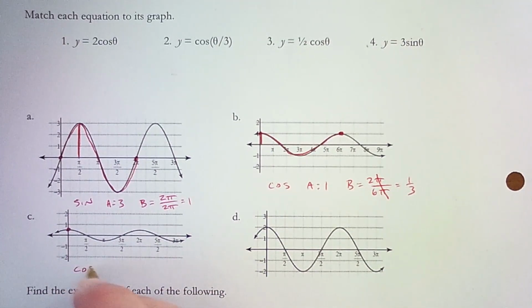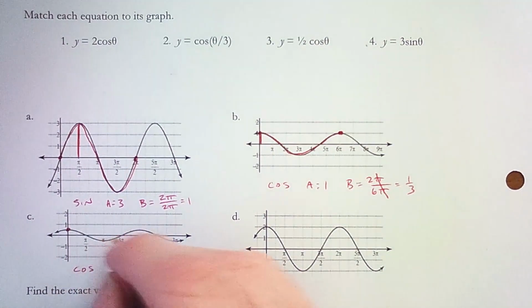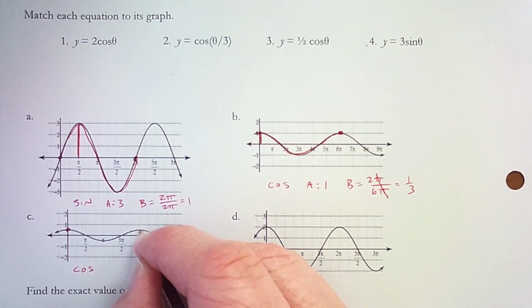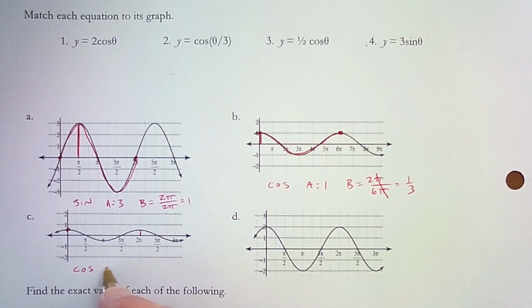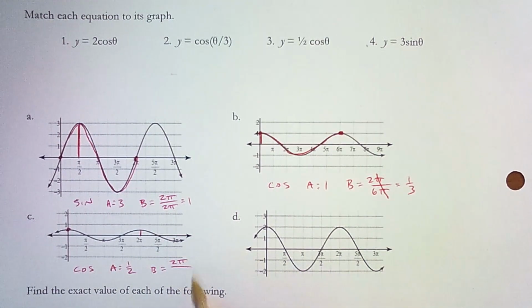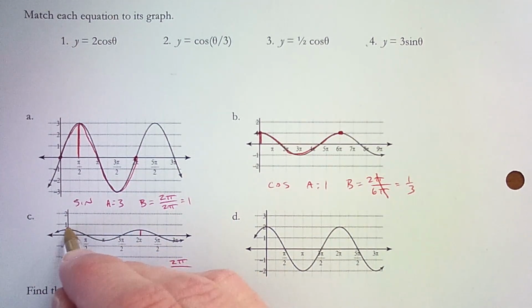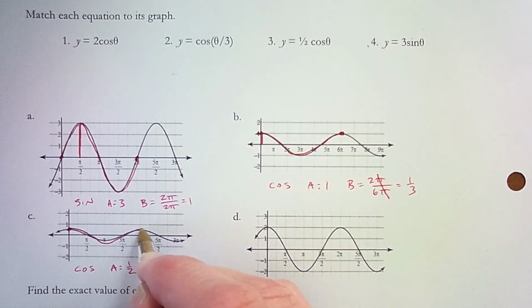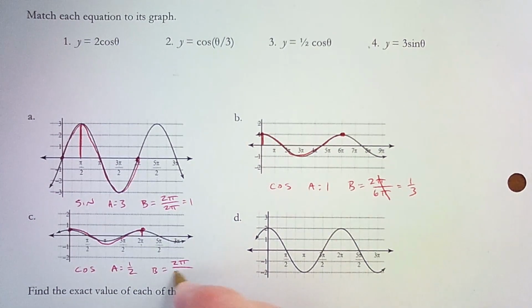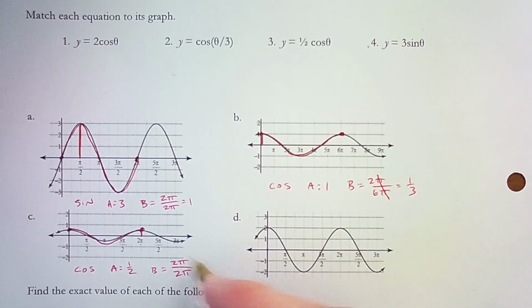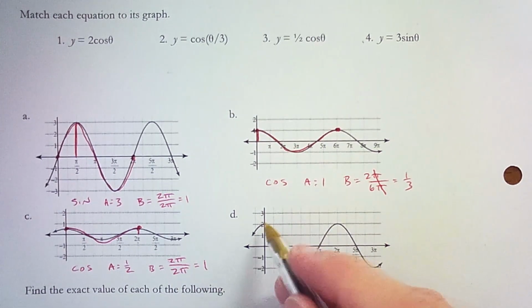This one starts at its maximum, so it's cosine. Its amplitude, it looks like it only gets a half a unit above the center line, so the amplitude is 1/2. And b is 2 pi over the period, so I'll trace one cycle. And that ends right here at 2 pi, which means b is 1.